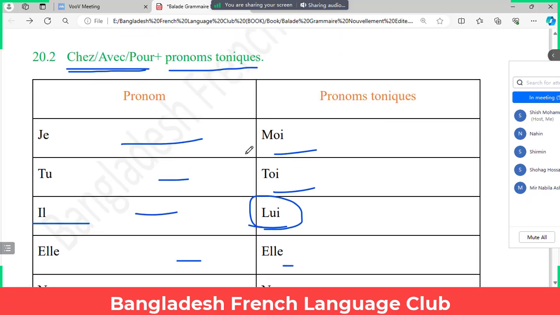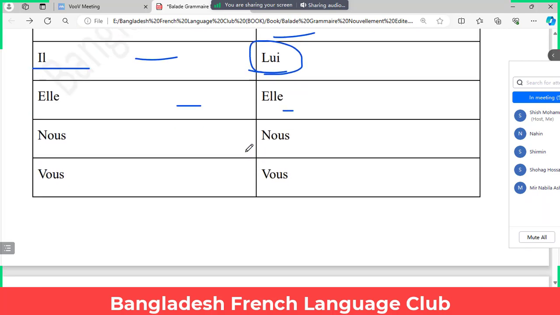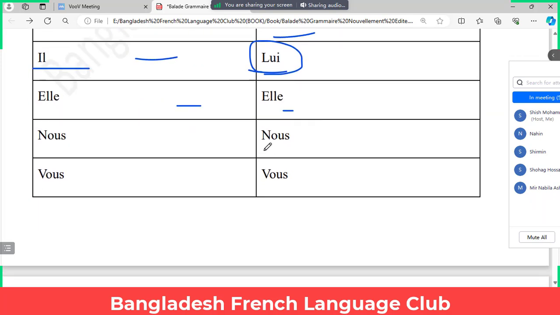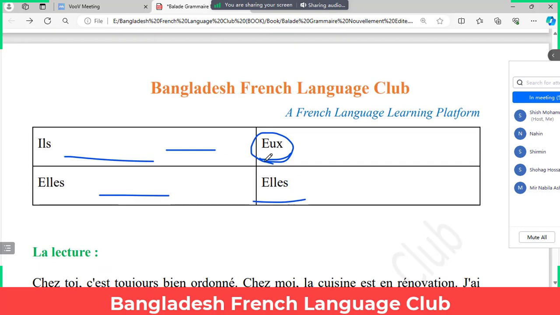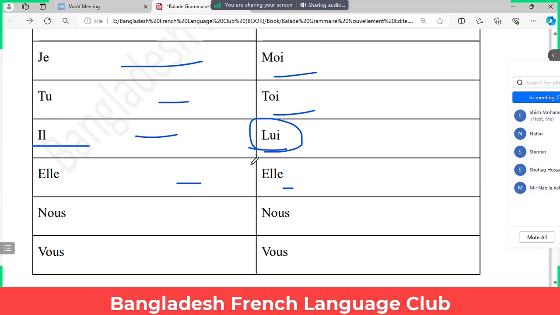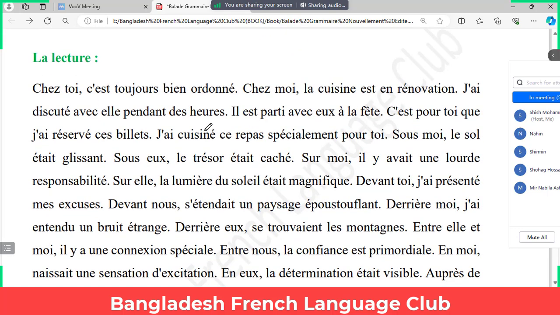Any other change? No, no other change. Yes, moi, toi, lui, elle, nous is the same, vous is the same. Okay, so this is the tonic form.